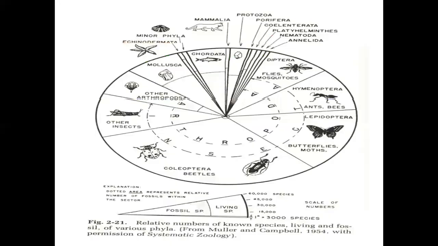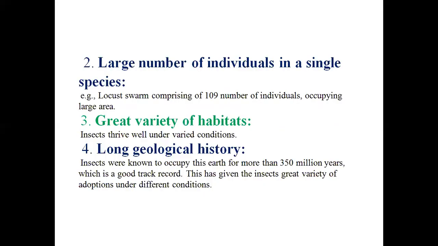Now the second one, a large number of individuals in a single species. Taking one example, the locust has the ability to fly or swarm, comprising about 10^9 individuals at the same time, and the ability to occupy a large geographical area.